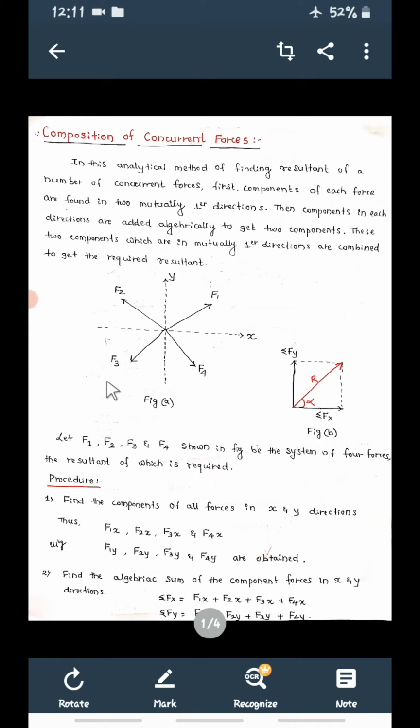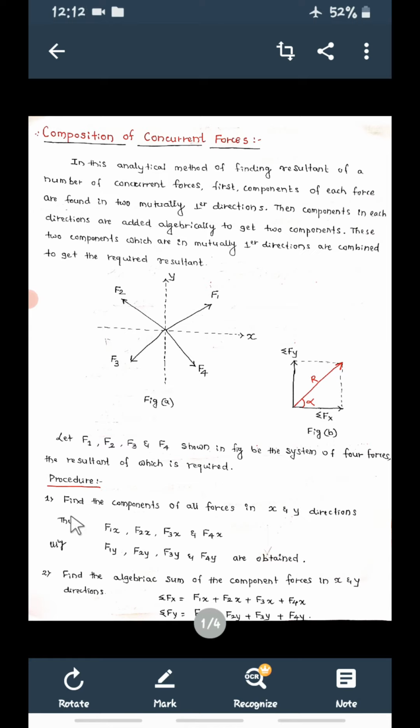Now see, consider F1, F2, F3, F4 are the four forces acting at point O simultaneously. Now it is required to find the single resultant. Shown in figure is the system of four forces, the resultant of which is required. So you have to combine all the four forces and find a single resultant.